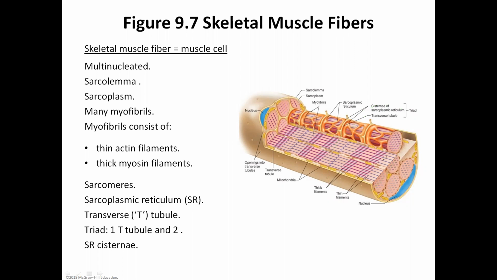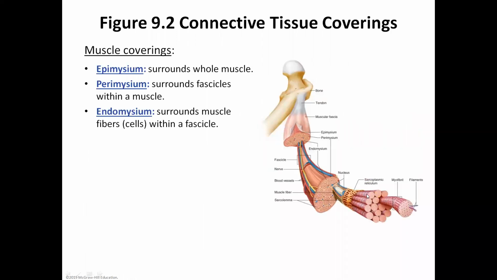Now, what we can see is that they are actually composed of what are called myofibrils, and we can see it from this picture here as well. When you get into these individual pieces, again, this portion here is the fascicle, and within the fascicle, you have individual myofibrils. So these are myofibrils, and this whole thing is a fascicle.